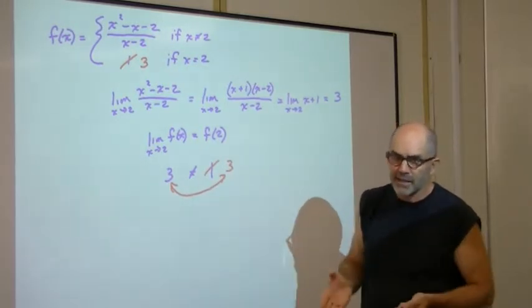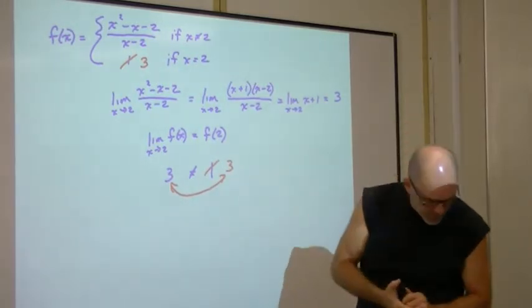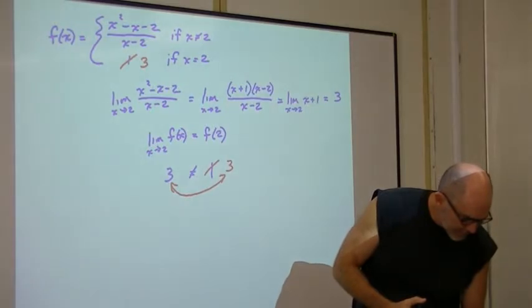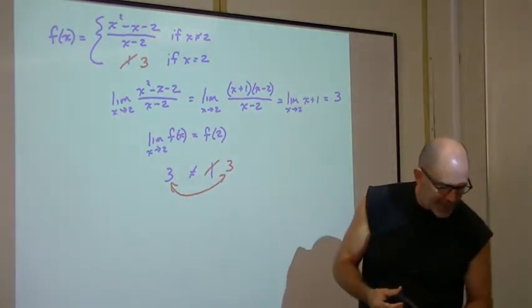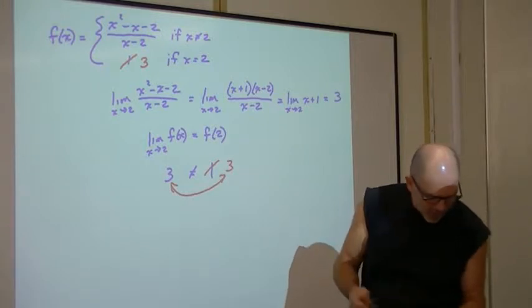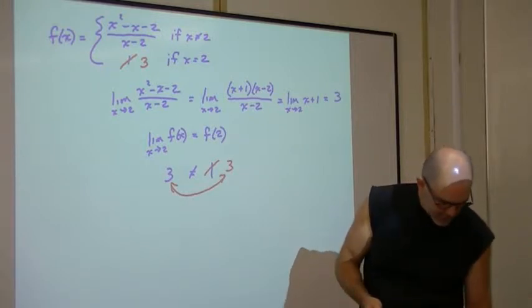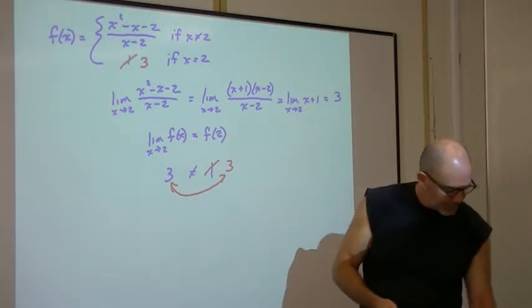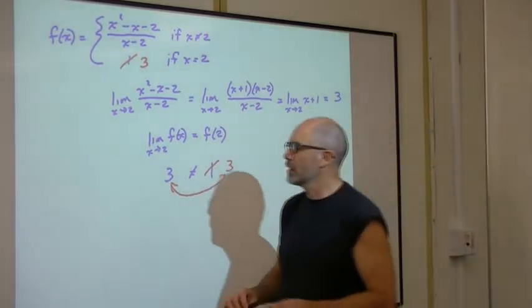So the limit doesn't exist, which means we have discontinuity. They're asking where it's discontinuous. So it's discontinuous at all integers. And that's it. Cruising onward.